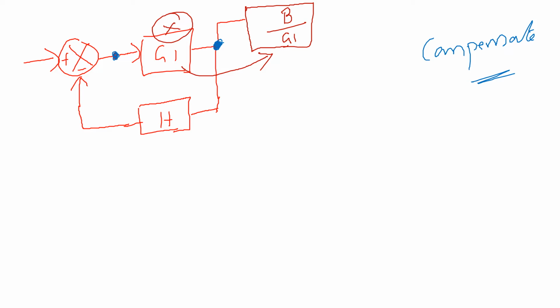If it is a simple branch like this without any block, then the meaning is the gain is 1, so instead of B I am going to use 1 by G1, right? But here in our question, what is given is G3, so I am going to use G3 here. Nothing else: if there is any gain in the adjacent block, that gain is divided by this gain. Okay, because we are moving the takeoff point from here to here, this particular gain should be divided here.